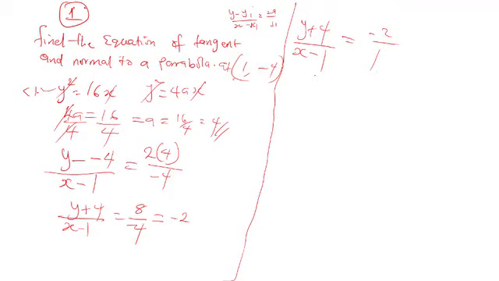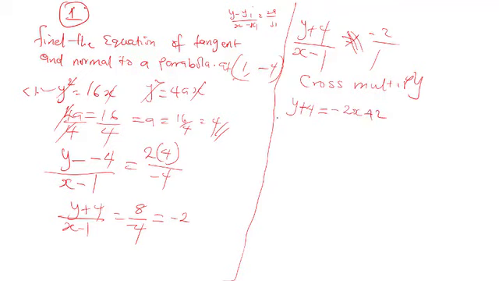Remember, since they are both fractions, we cross multiply. In cross multiplication, this is what you're expected to do: this times this and this times this. So your equation becomes y plus 4 equals minus 2x times 1, so it's minus 2x, plus 2 because of the minus.